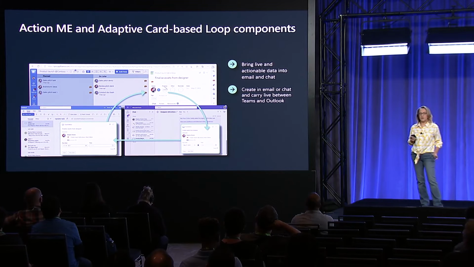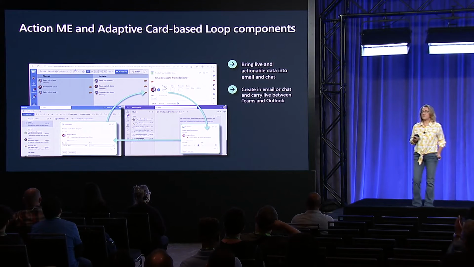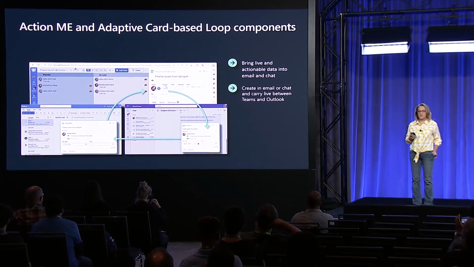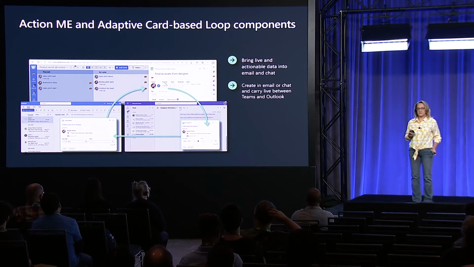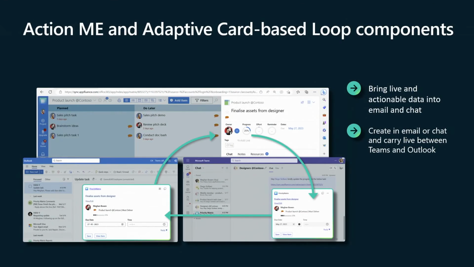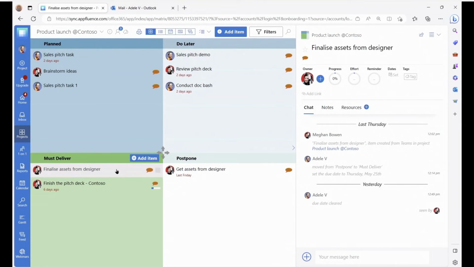Now, let's talk about how you can bring live and actionable data into email and chat by using adaptive card-based loop components and action message extensions. In this demo, we will take a look at how Adele, a product manager at Contoso, uses Priority Matrix to manage tasks for her teams.